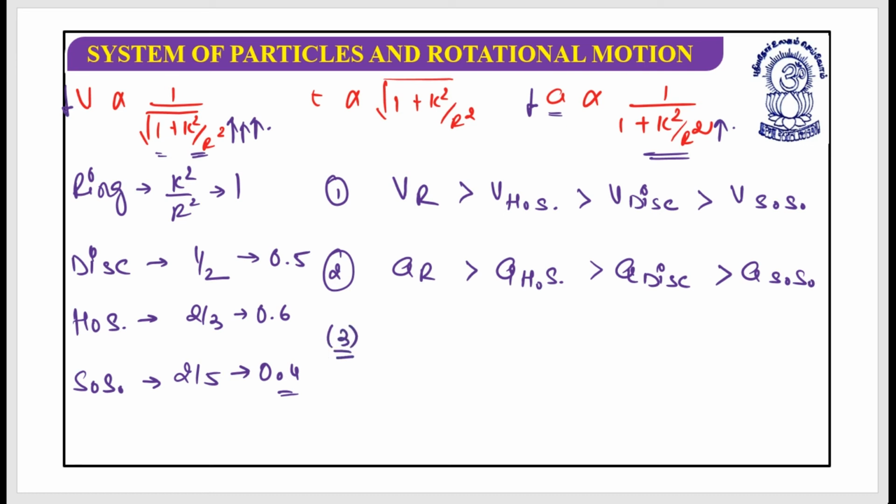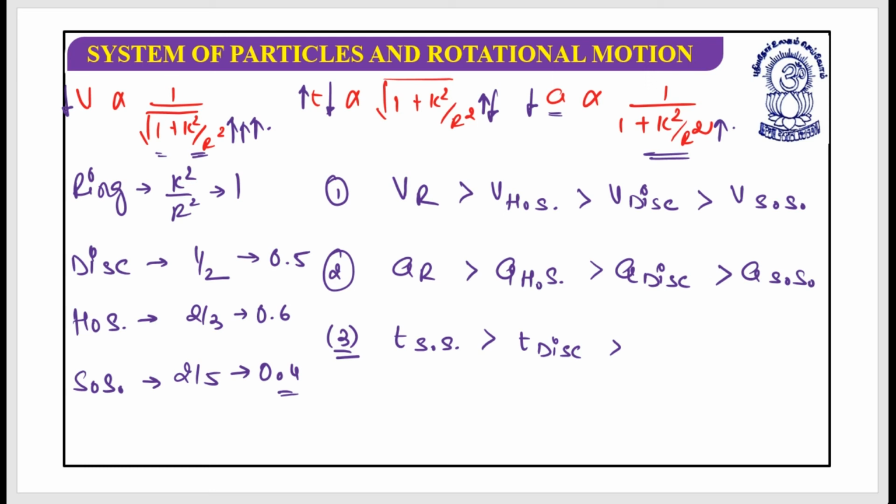Now about time. For time, the higher the k square by r square, the higher the time. The lower the k square by r square, the lower the time. So I need to arrange them in increasing order, so the least would be first.